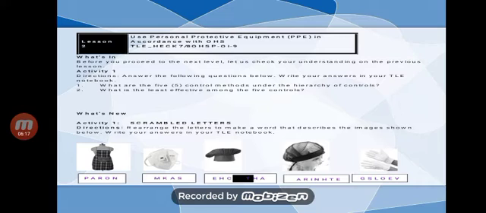Okay, what's new? Scramble letters. There are scrambled letters. What is it? Personal protective equipment. When we say personal protective equipment, it is often referred to as the last line of defense.